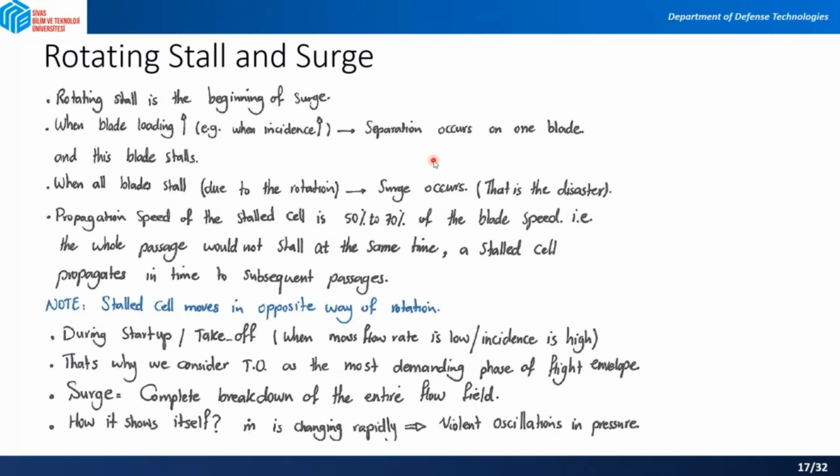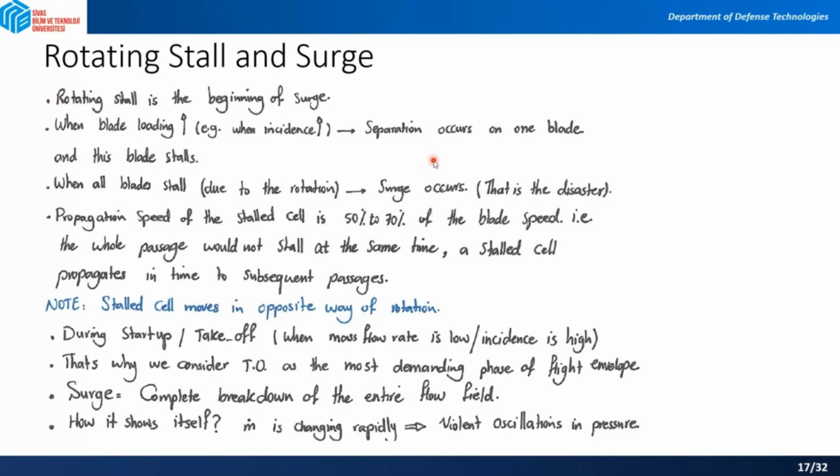When one blade stalls, this stall is actually affecting the other blades in the same row. So when one blade stalls, due to the rotation, all the blades will stall. So this means that surge will occur, and that is the disaster.